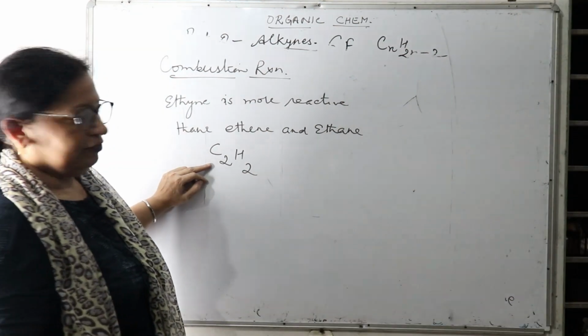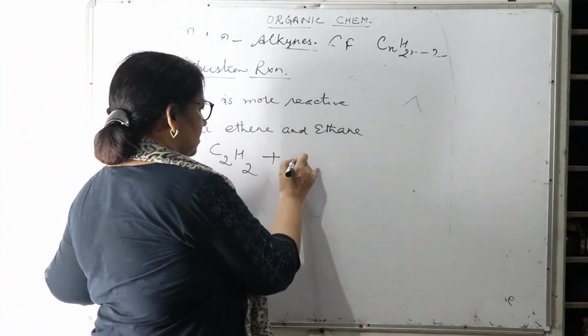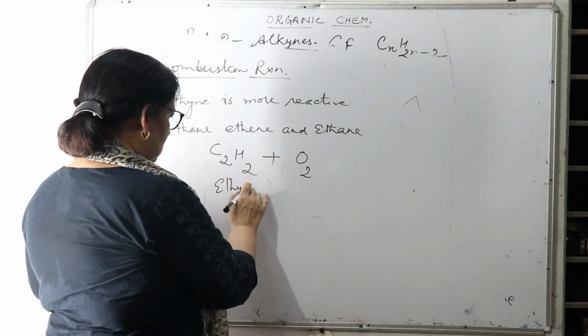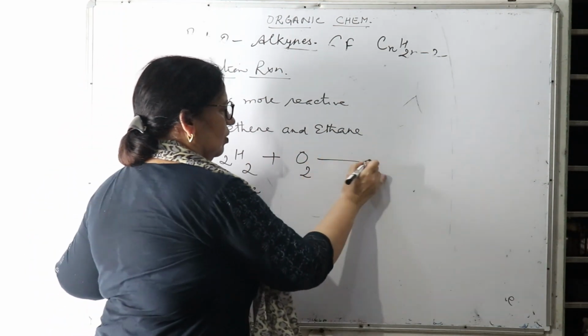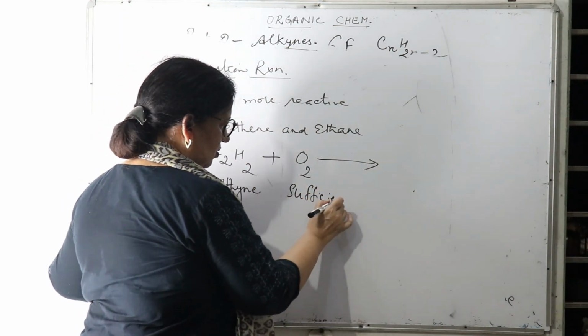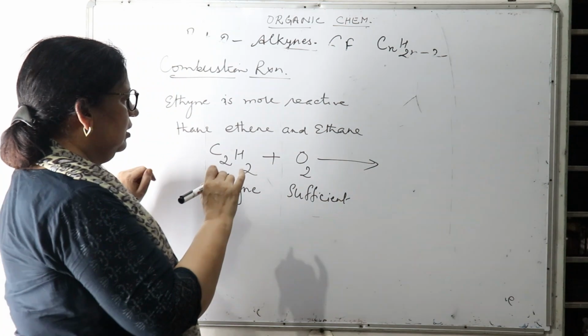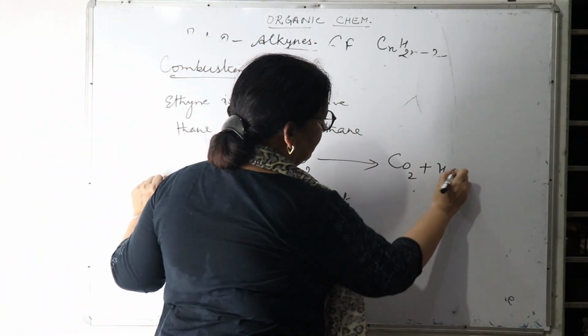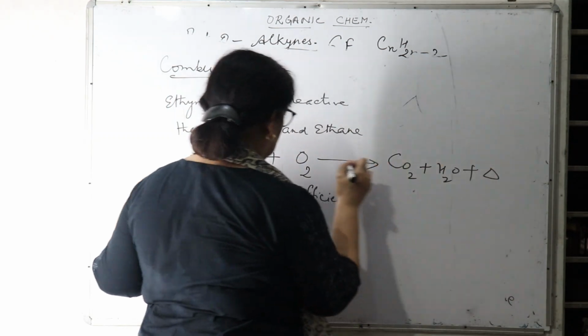And when complete combustion takes place, that is with oxygen, this is ethyne plus oxygen, and with sufficient oxygen it forms carbon dioxide plus water vapors plus heat.